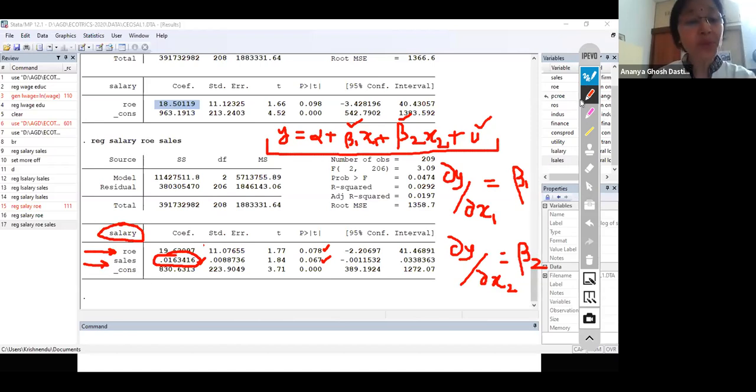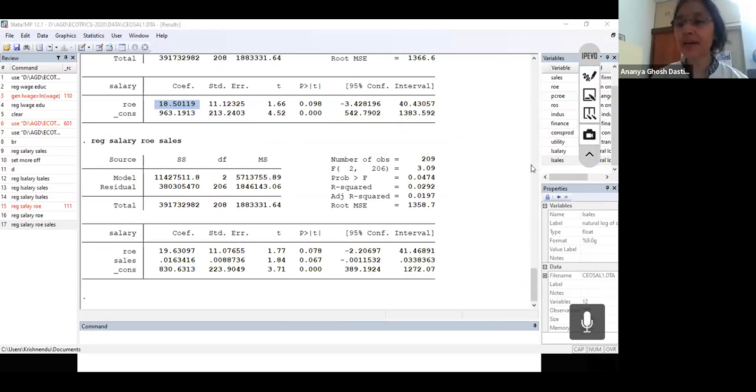If I were to increase, holding ROE constant, if I were to increase sales by $1 million, then CEO salary would be increasing by $0.016 thousand dollars. So clearly, you can see that sales and ROE each have a slightly different impact on the marginal change in CEOs' salaries.